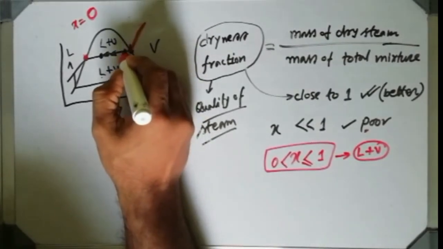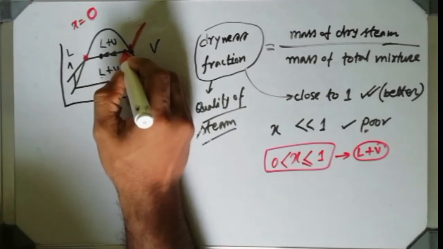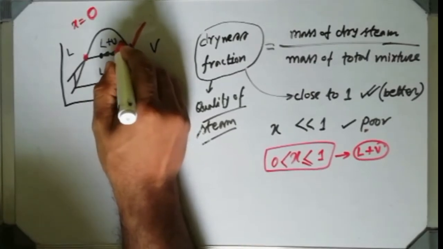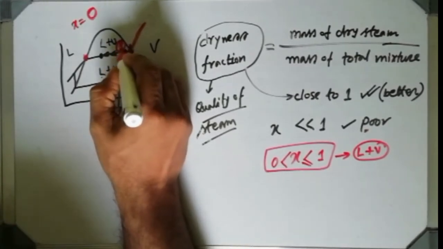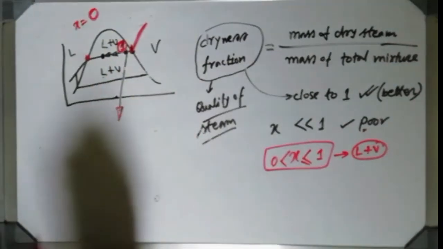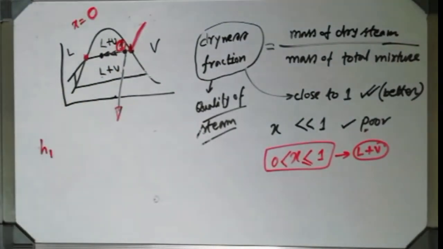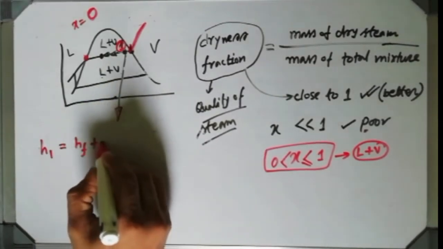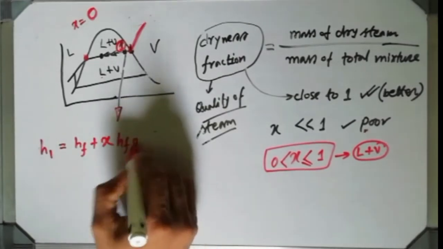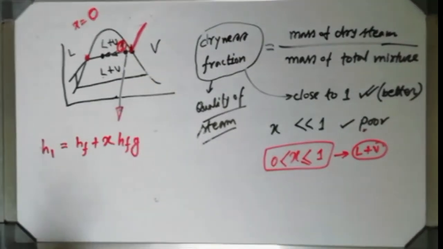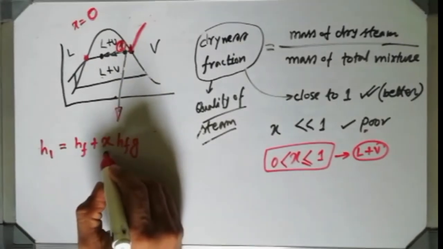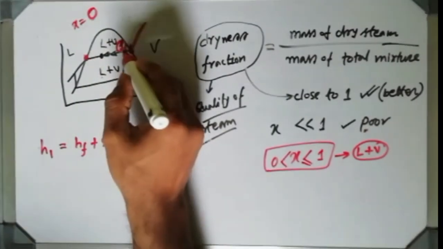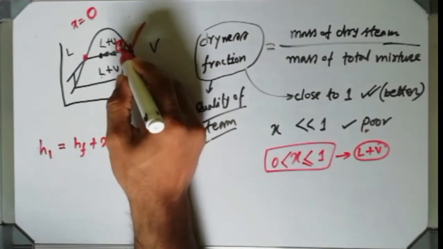And if I try to find out the enthalpy value, suppose I am giving the name of this particular point as 1. Our steam is resting over here, and if you try to find out the enthalpy at point 1, then the relationship is like this: h = HF + X times HFG. That is why I was explaining so much. Here X is the dryness fraction of that particular state point. H1 is the enthalpy of that particular point 1.